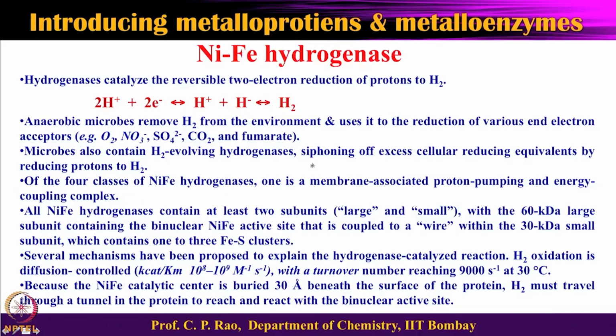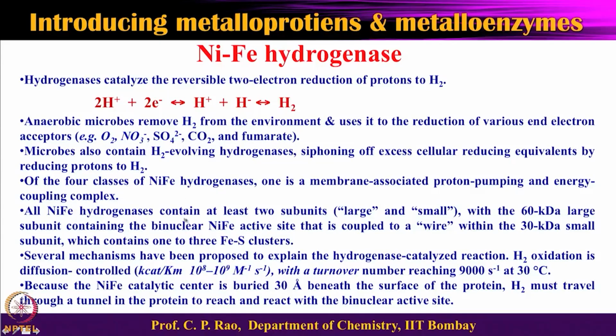Okay. There are 4 different classes of nickel-iron hydrogenases, and one of them is a membrane-associated, proton-pumping, energy-coupled type of system, and that is what we look at in this particular case. The other hydrogenases are mostly based on iron, so we are not going to look at those. We will look at the nickel-iron containing one.